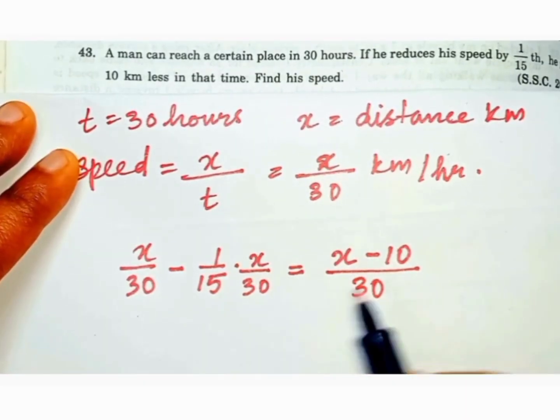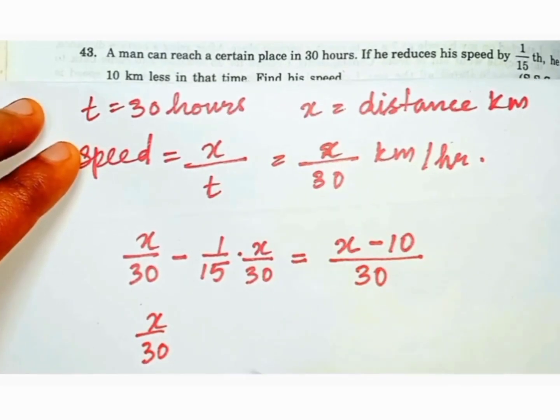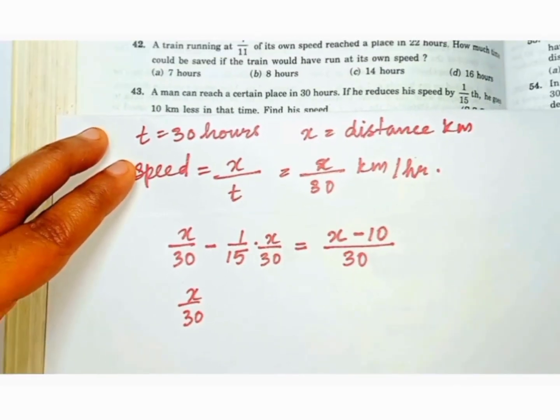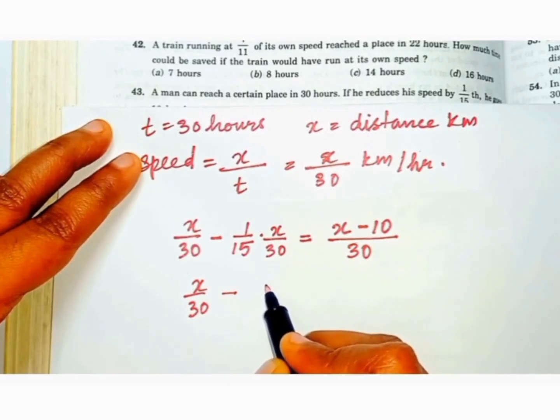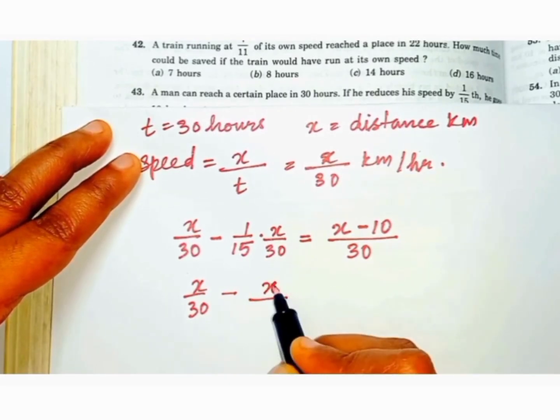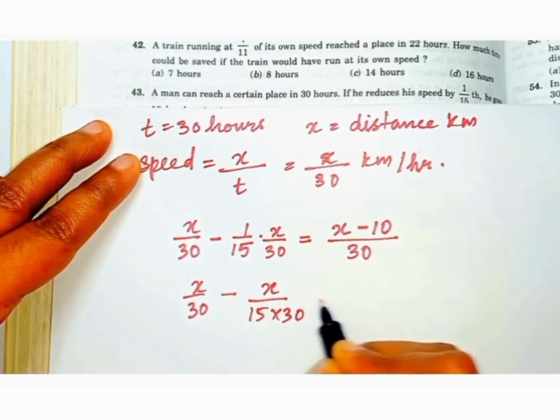If you're going to solve it, x by 30 minus x by, let it be 15 into 30, equals 10.